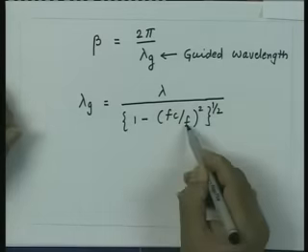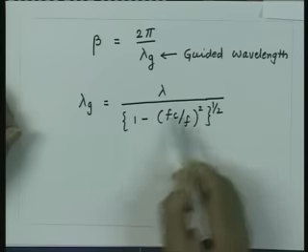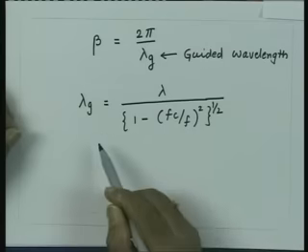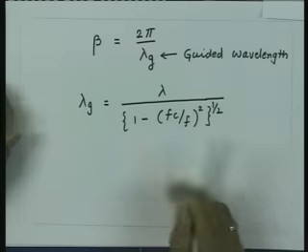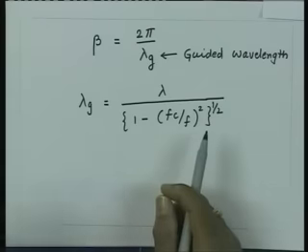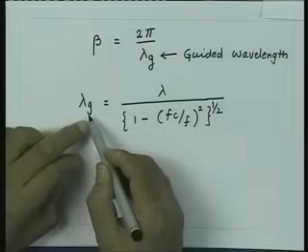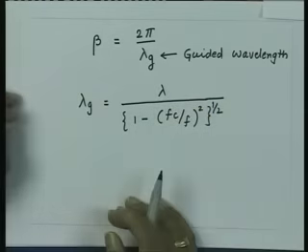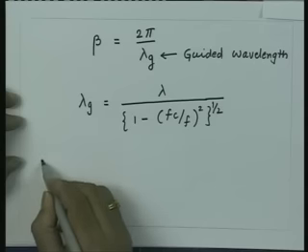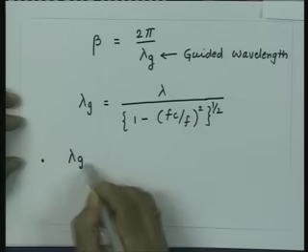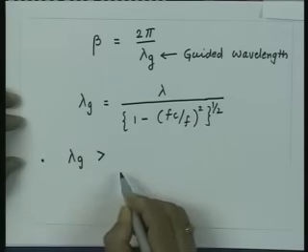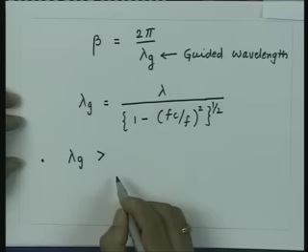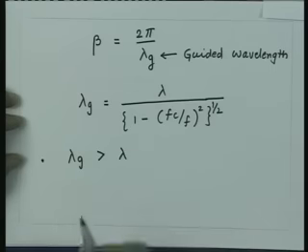So, the first thing we notice is that this quantity is always going to be less than 1 for a travelling wave, and therefore, the guided wavelength is always greater than the intrinsic wavelength in that medium. So, the first thing we see is the guided wavelength is always greater than lambda, the intrinsic wavelength in the medium.